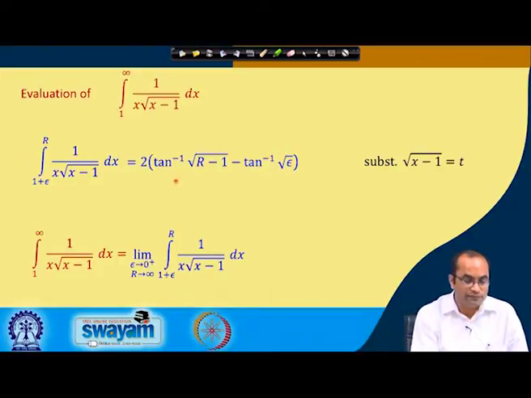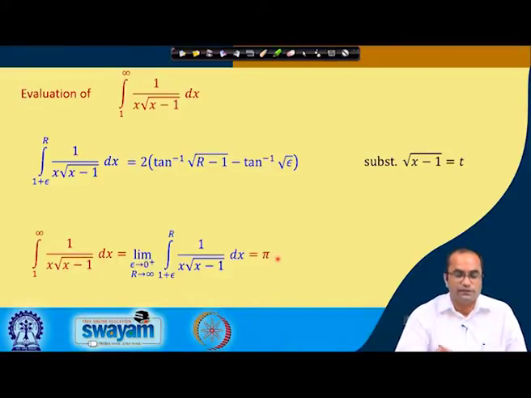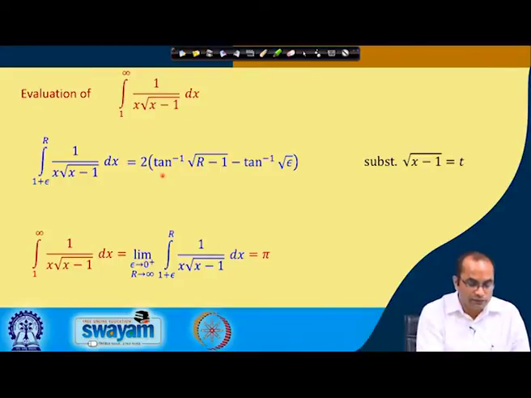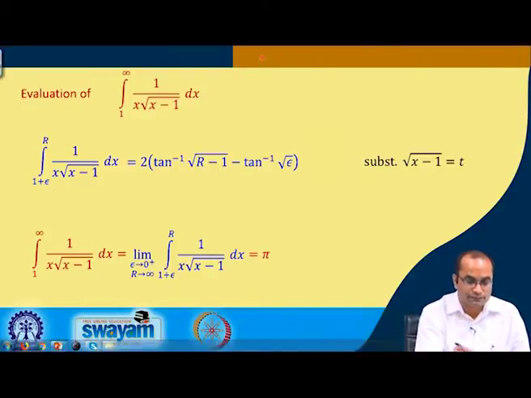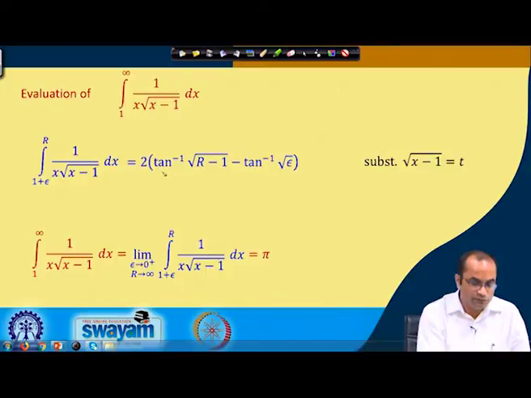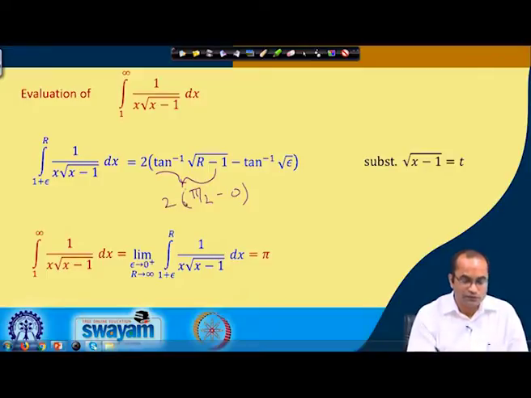So we have pi by 2 minus 0, and then 2 times that. Therefore, we got pi here.